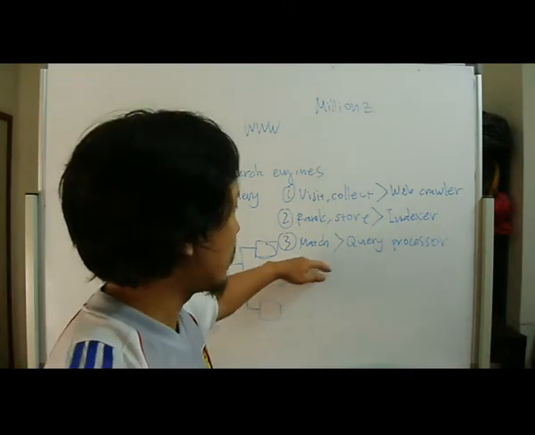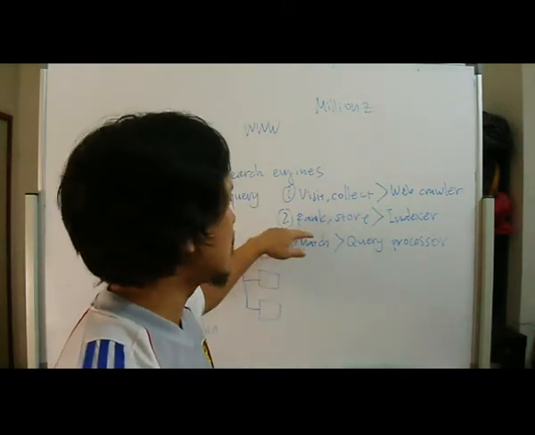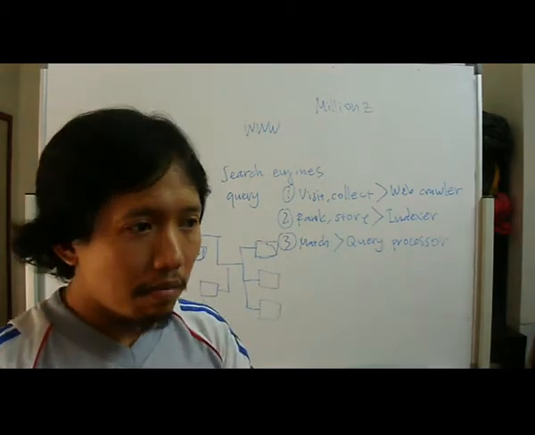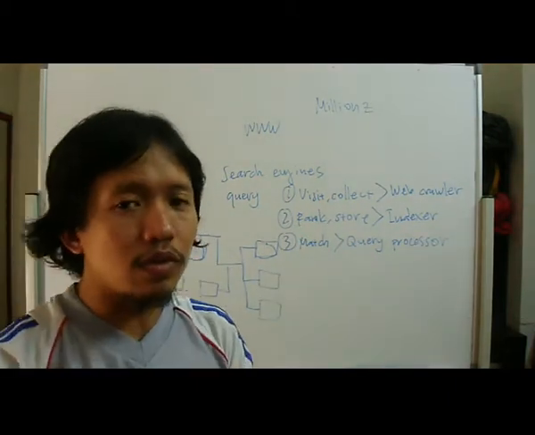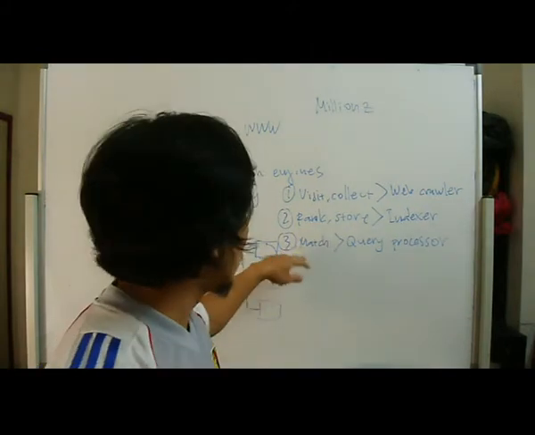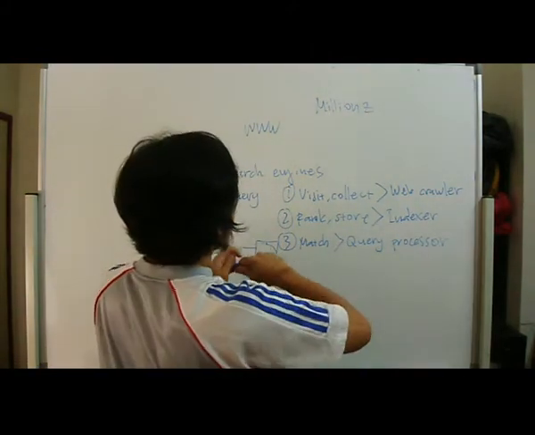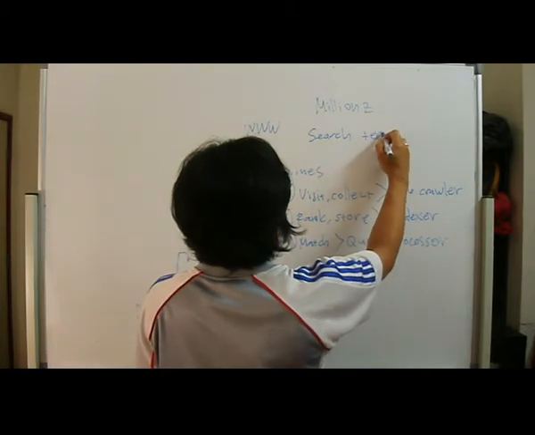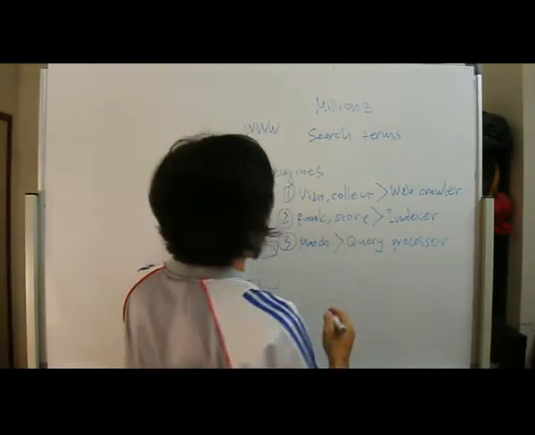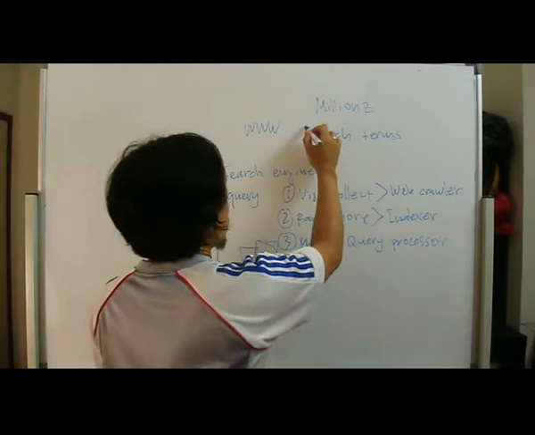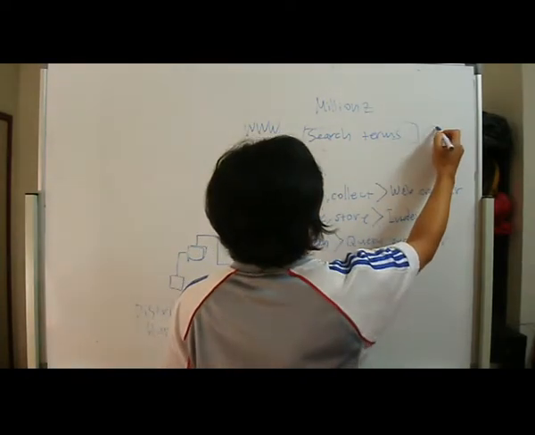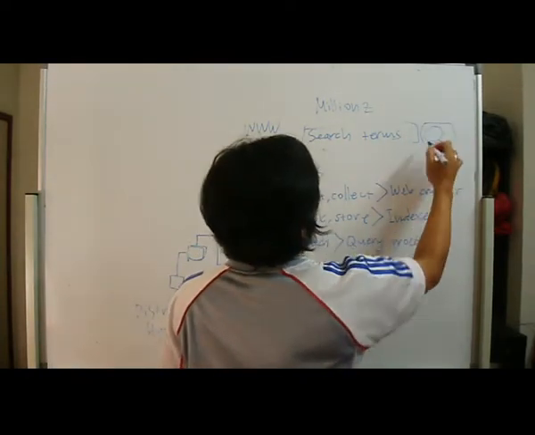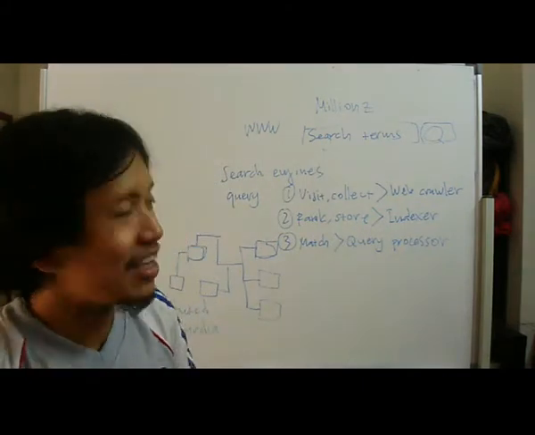Now, because of that, if you really trust your search engine, it's fine. But a lot of times we still have to add more to our search terms. Search terms, which is the things that we put inside the search box, before we click on the glass, the magnifying glass, right?